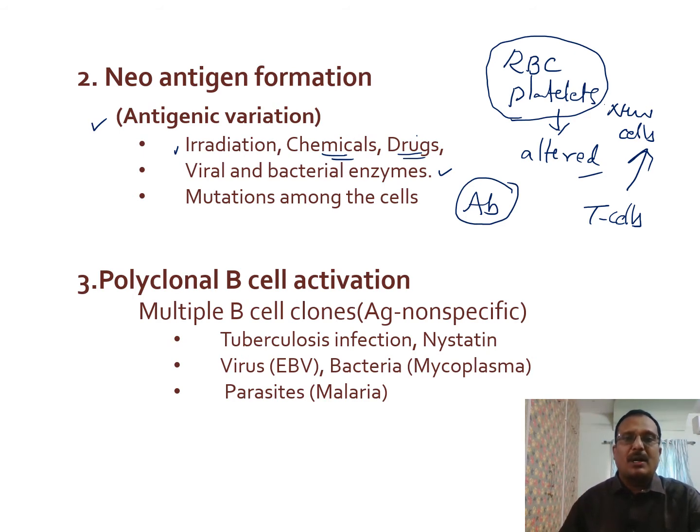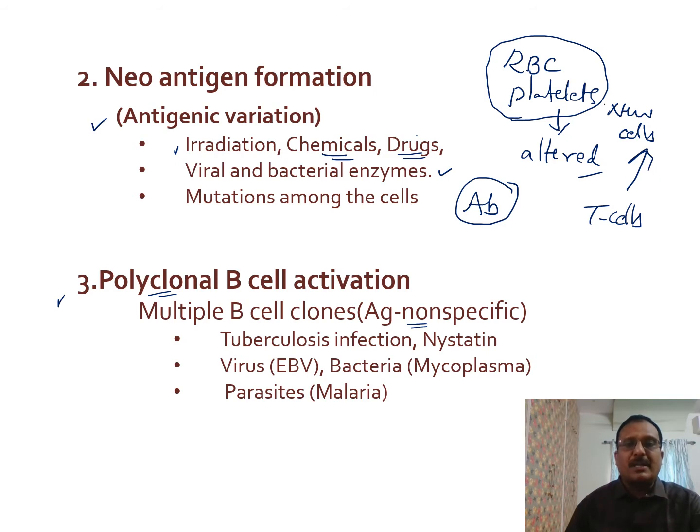Next one is polyclonal B cell activation, which means multiple B cell clones will be produced following certain infections. Polyclonal cells means clones which are produced non-specifically against an antigenic stimulus. So a non-specific stimulus of the B lymphocytes produces a large number of unwanted multiple B cell clones which can produce their concerned antibodies.